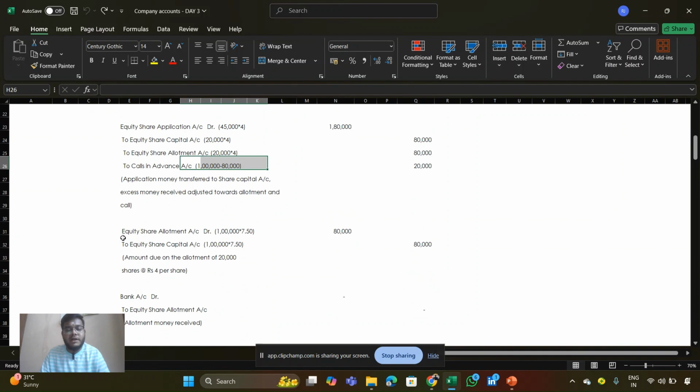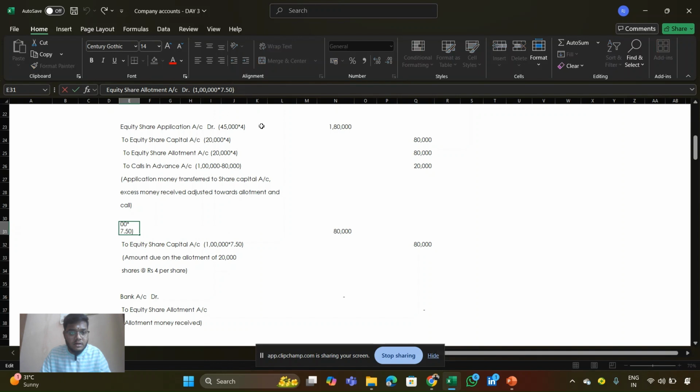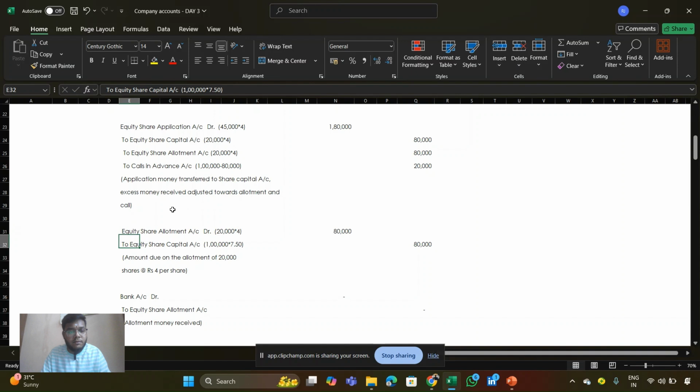Next, the allotment due entry: equity share allotment account to equity share capital. Sorry guys, I made a mistake.